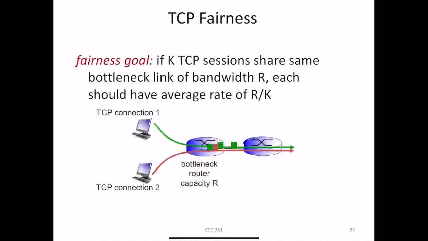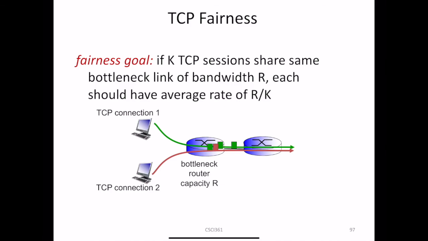And then let's see TCP fairness. The fairness goal is that different TCP connections sharing the same link should have the bandwidth fairly distributed among them.